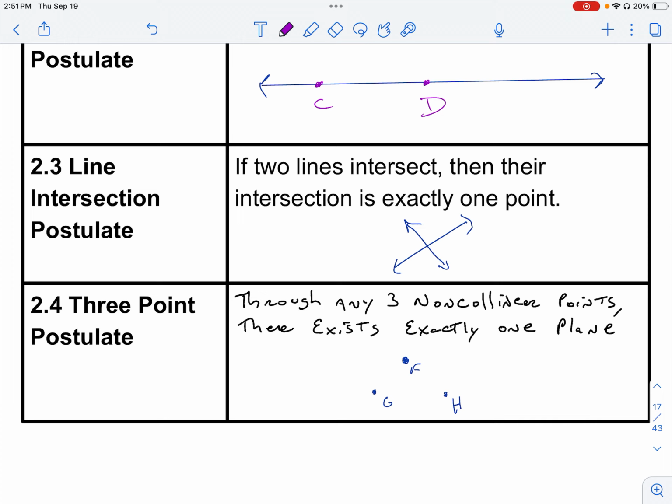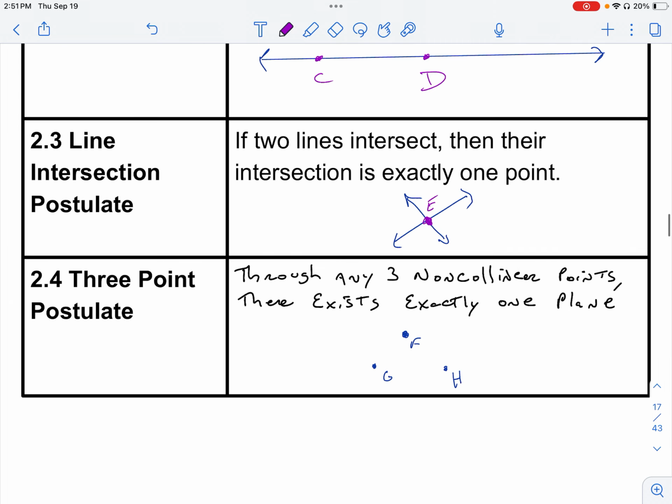The line intersection postulate is exactly what it sounds like. If 2 lines intersect, their intersection is exactly 1 point. Then the last one on this page, the 3-point postulate.